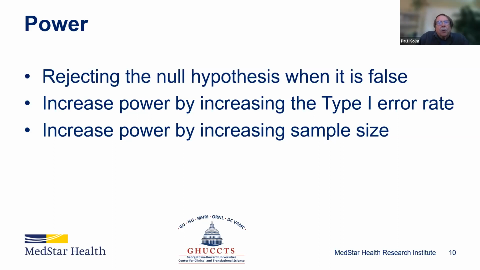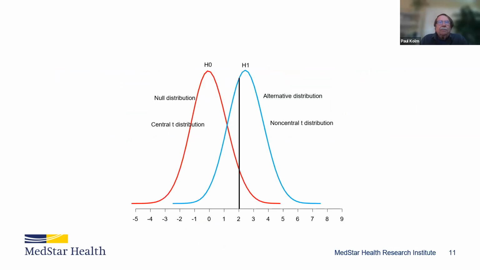But another way, and the way that it's typically done, is that we can increase power by increasing the sample size. And so let me illustrate this by looking at the null distribution, the distribution in red here. So that's our null hypothesis. And our alternative distribution, that's our hypothesis that we want to demonstrate.